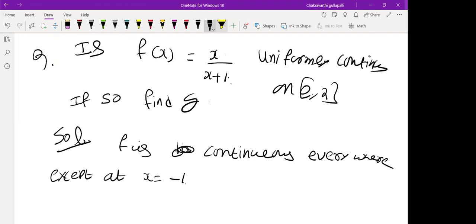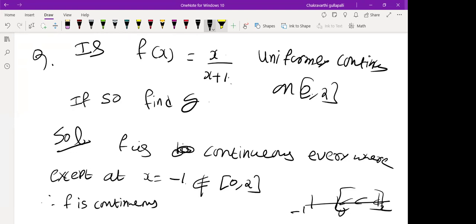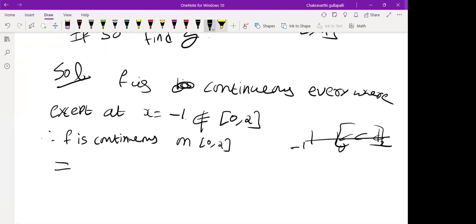No. Being continuous, in particular it is continuous between 0 and 2 as well. If it is continuous on the closed interval, then automatically it is uniformly continuous.